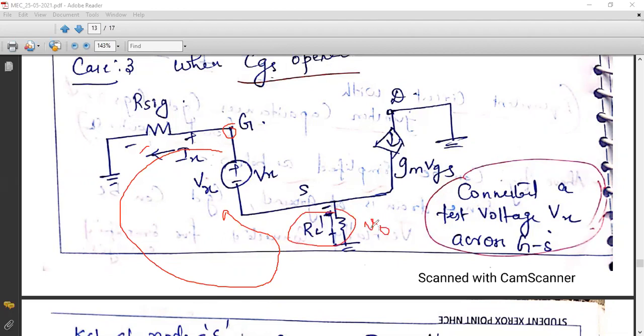Plus to minus will become minus. If I'm moving from plus to minus, I have to put the symbol negative. If I'm moving from negative to positive, I have to put a positive symbol. So this is plus to minus, so it will be negative. Coming in this direction, plus to minus, again it is negative. Again, minus to plus, so this will be positive Vx.